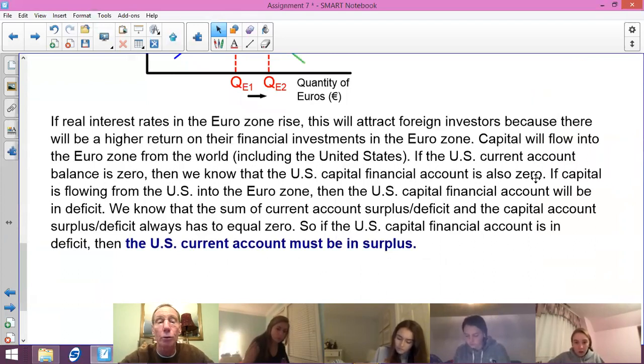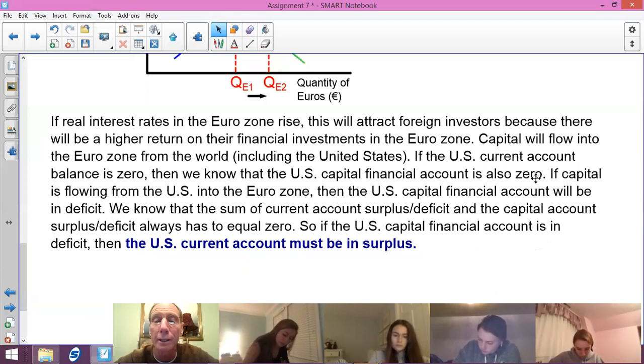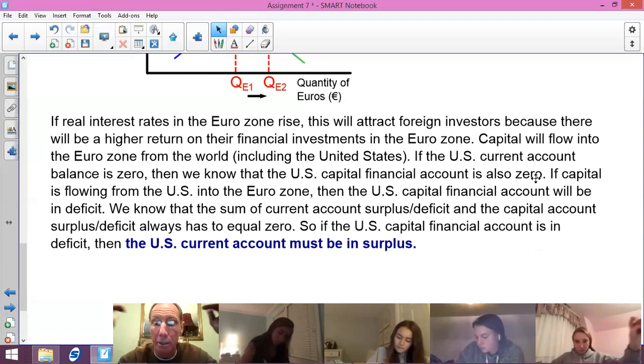So if capital is flowing from the US into the Eurozone, then that's going to create a financial capital account deficit in the US, because there's capital outflow from the US, capital inflow into the Eurozone, right? So there's going to be a financial capital account deficit in the US. And once again, if the financial account is in deficit, the current account has to be in surplus, because they both have to balance out to be zero.